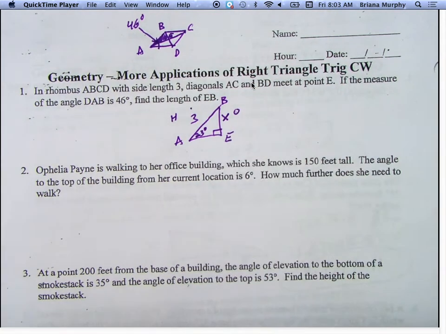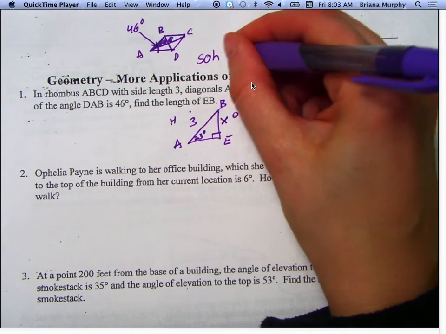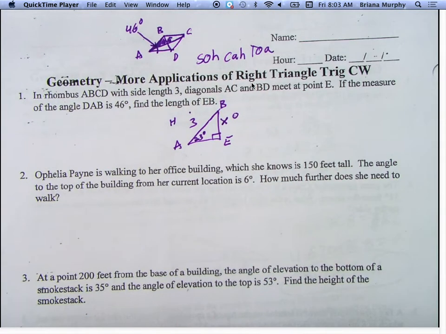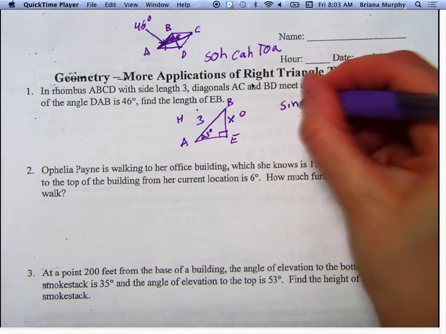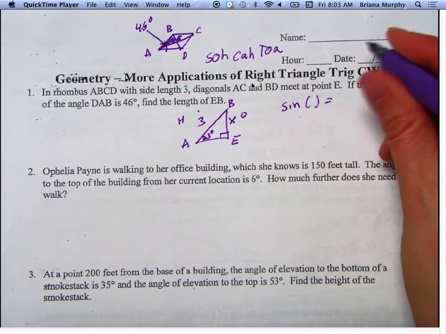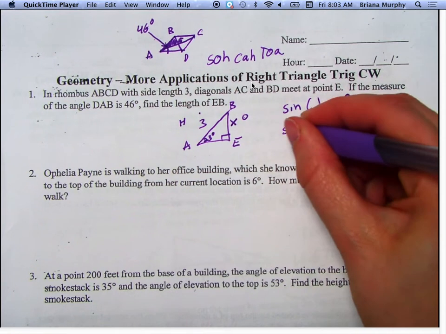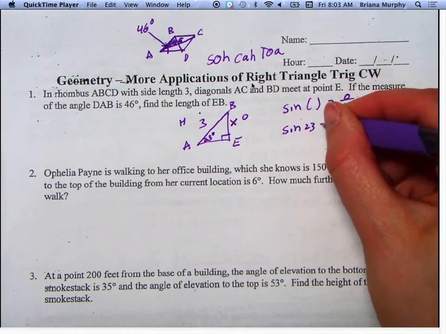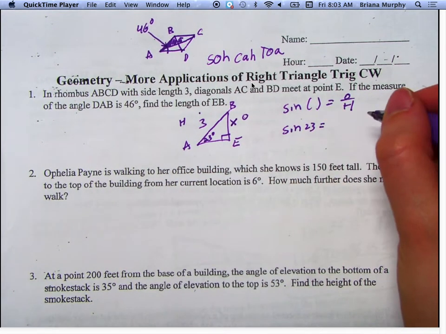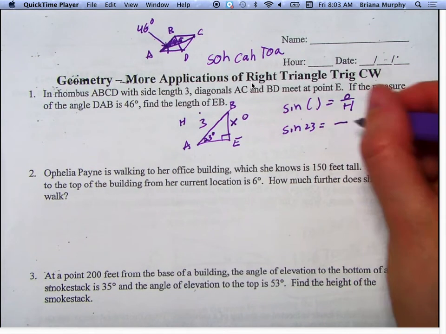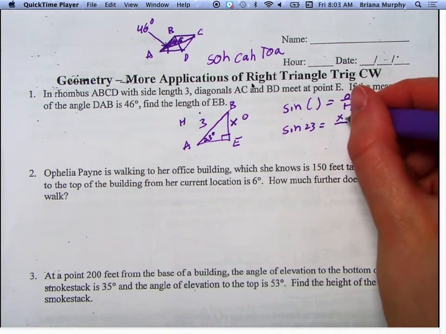So what am I going to use, guys? If I've got SOHCAHTOA, I'm going to use what? Sine. Sine of my angle equals opposite over hypotenuse. So sine of 23 equals what? What goes on top, X or 3? What goes on the bottom?